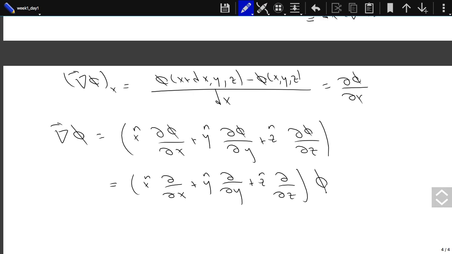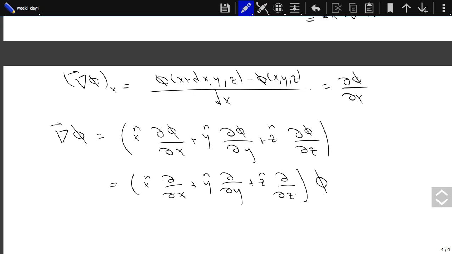But this kind of looks like we have a vector multiplying a number, a scalar function. So we have this operator which has its components. Well, in this case, the components are not vectors themselves, they are just taking derivatives, multiplied by some number, some scalar function.